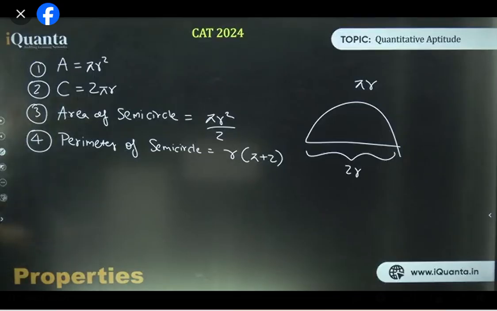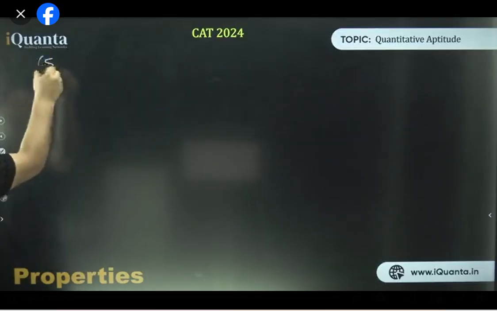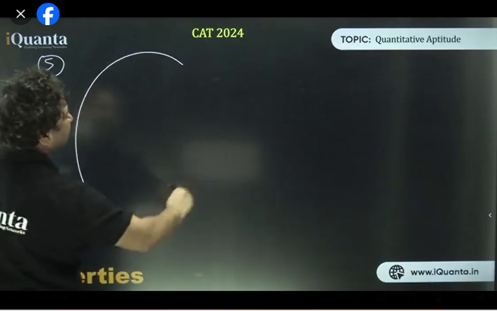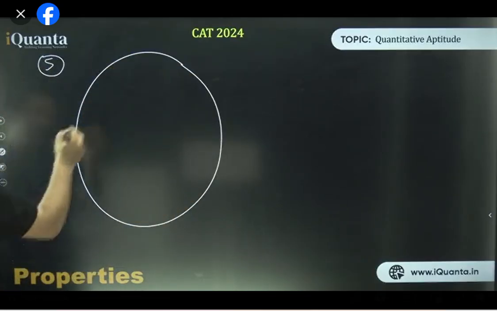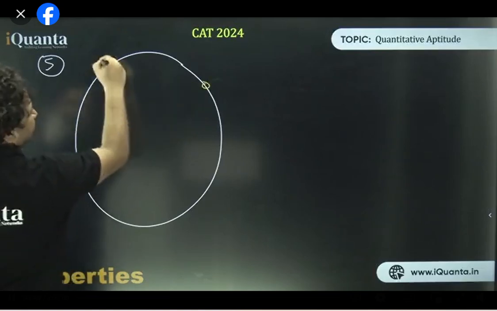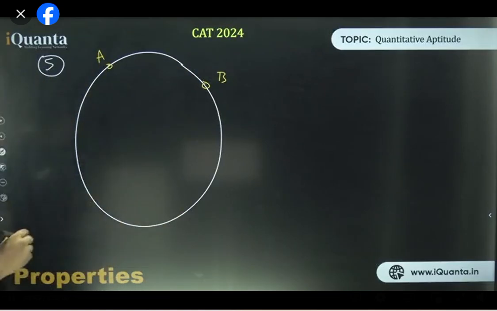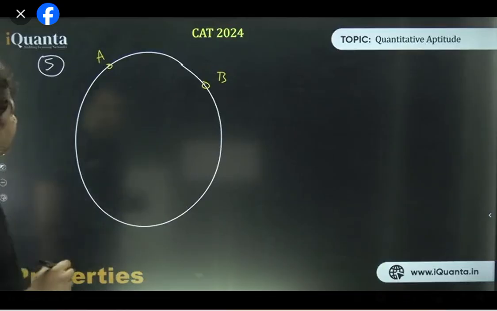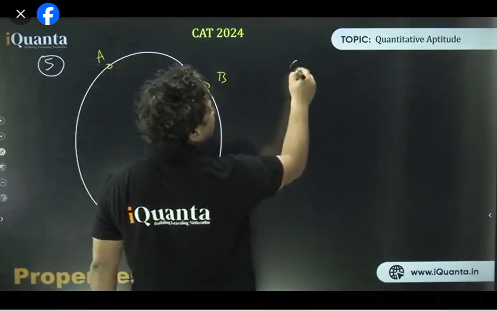Okay, great. The fifth property, I need to draw a diagram, property number 5. So I have this circle and I have an arc. This is the arc, A, B. And what is this arc doing? It will do something beautiful, but before that, let me show you, because I want you to go through things.